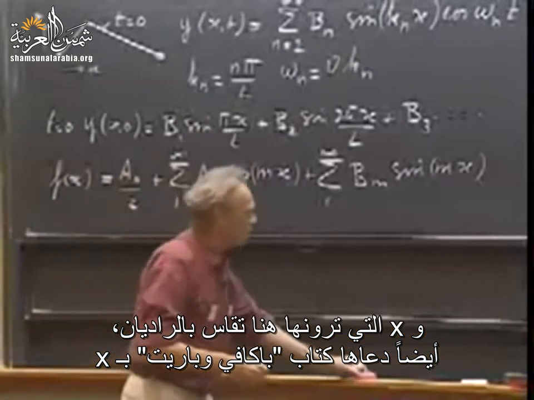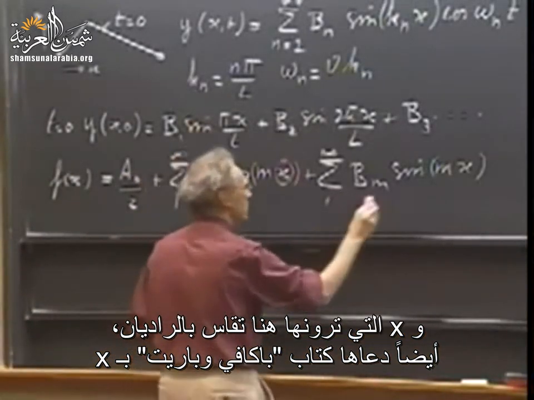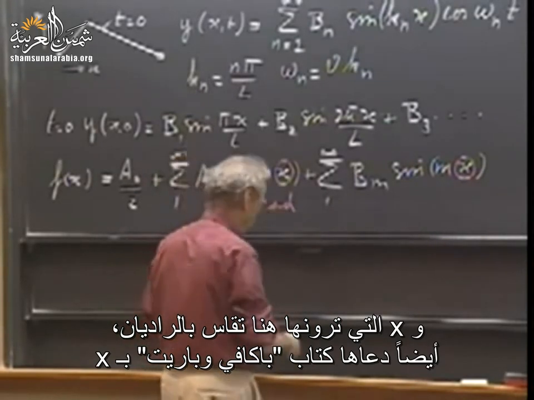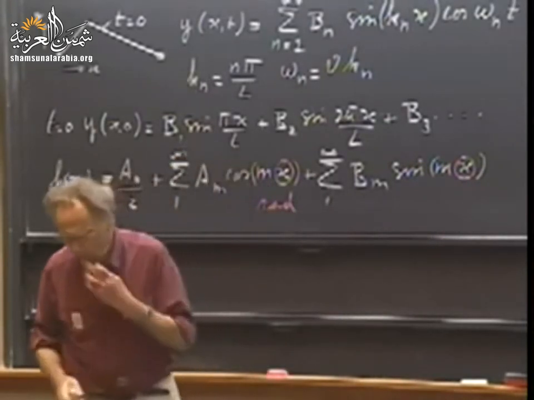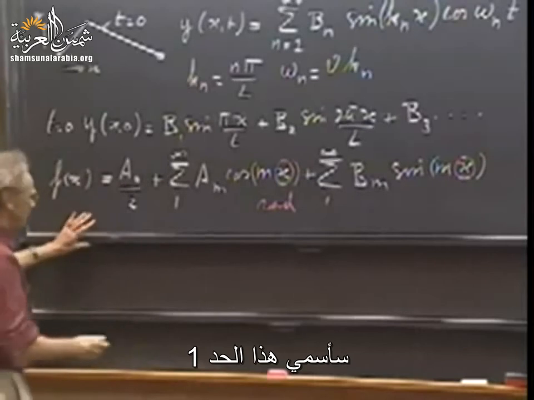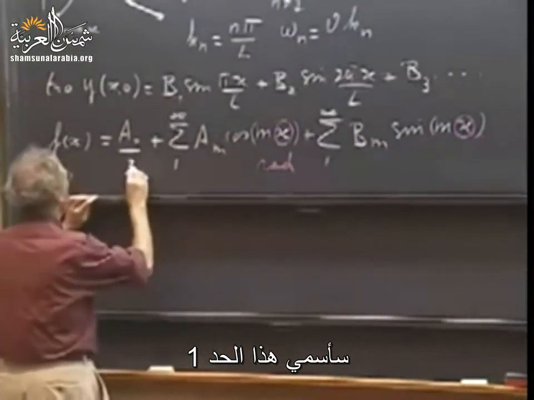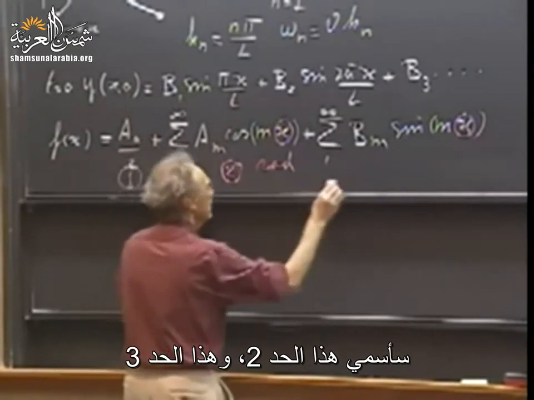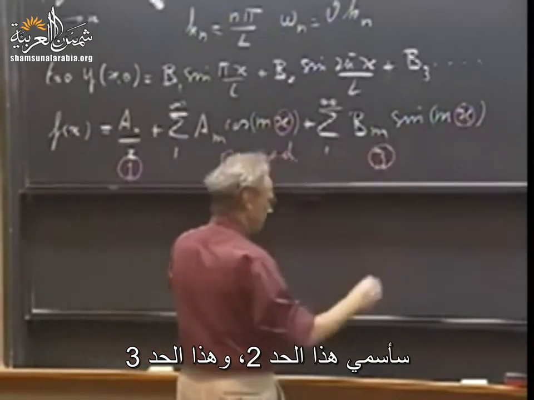And this x that you see here, also called x in Becker and Barrett, is in radians. I will call this first term 1, I will call this one 2, and I will call this one 3.